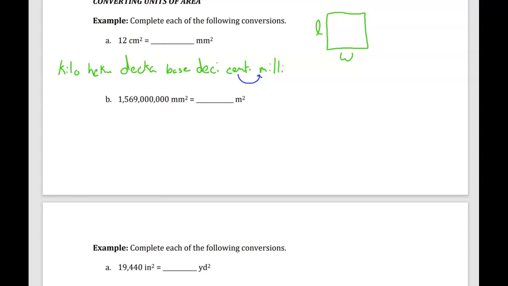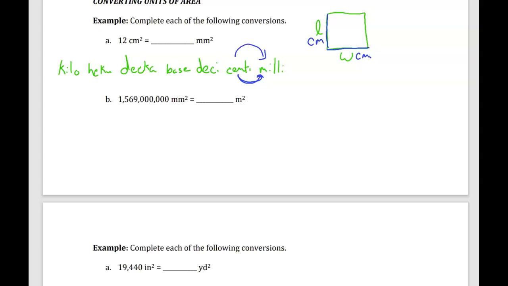Well, now we're talking about centimeters squared, and that's looking at, okay, this would be centimeters times centimeters. So if we look at it this way, we would do a jump this direction for our width, but then we would have to do a jump again for our length.